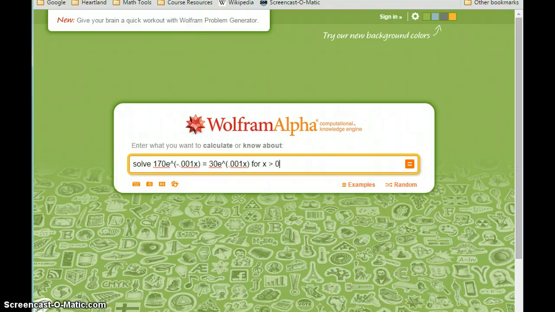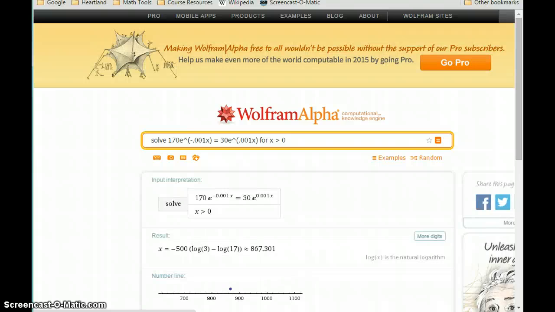And since we know that we want our demand to be something positive, we can just remove any negative values from consideration by saying we want x to be greater than 0. So in this case, we get one result, 867.301, or if we round that, about 867. So that's going to be our value for X bar.